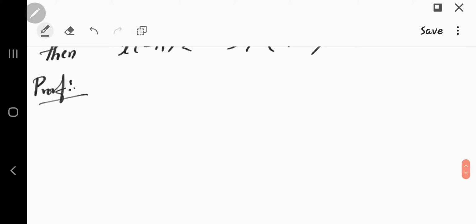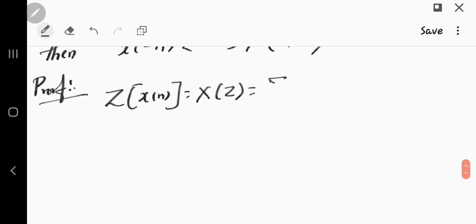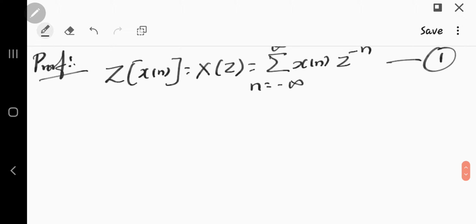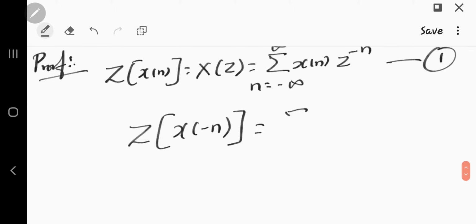So the proof of this: z transform of x of n, which is X of z, is summation n equals minus infinity to plus infinity x of n z to the power of minus n. The same way, z transform of x of minus n is equal to summation n equals minus infinity to plus infinity x of minus n z to the power of minus n.